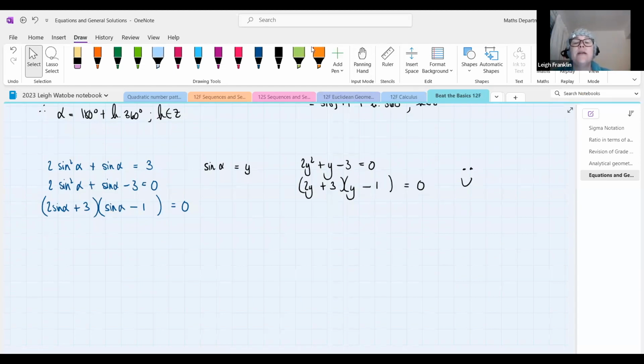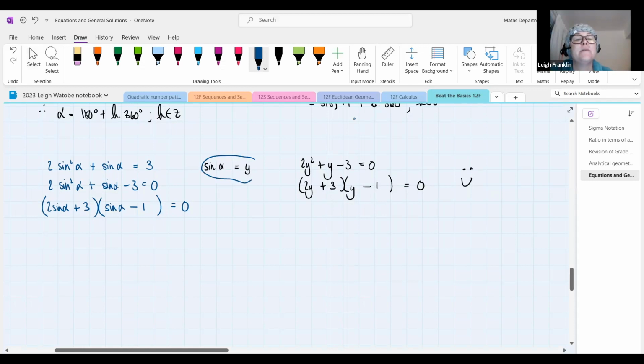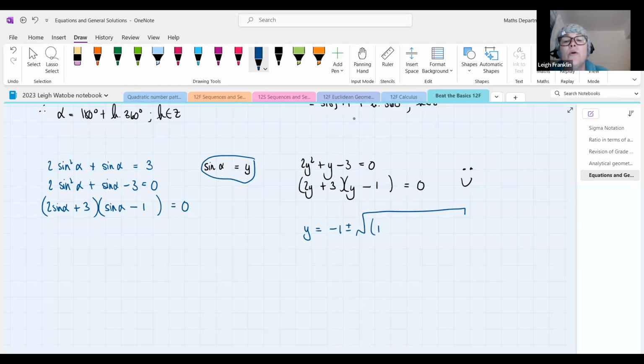Okay, so Lisa Kanya, if you wanted to do the quadratic formula, you would have had to say something like this. Okay, so y would be equal to negative b, so that would be negative 1 plus or minus the square root of b squared, so that would be 1 squared minus 4, where a is equal to 2, and c is equal to negative 3, all over 2a, which would be equal to 2. So it would be like that.